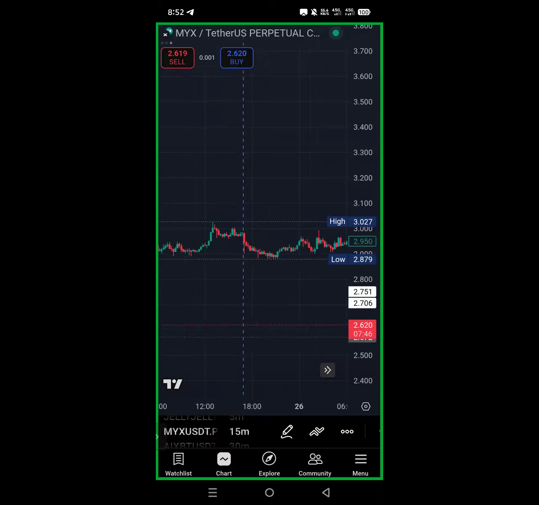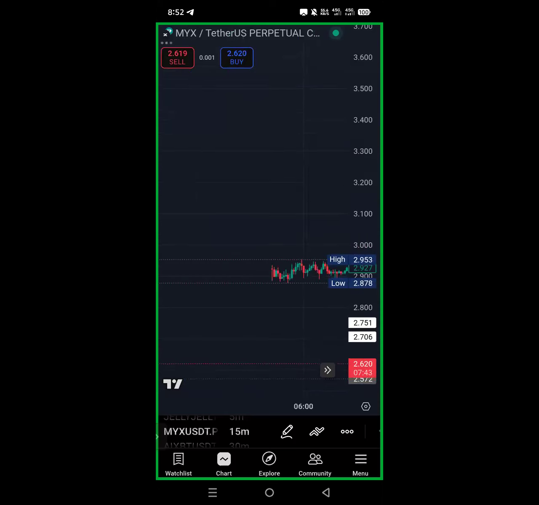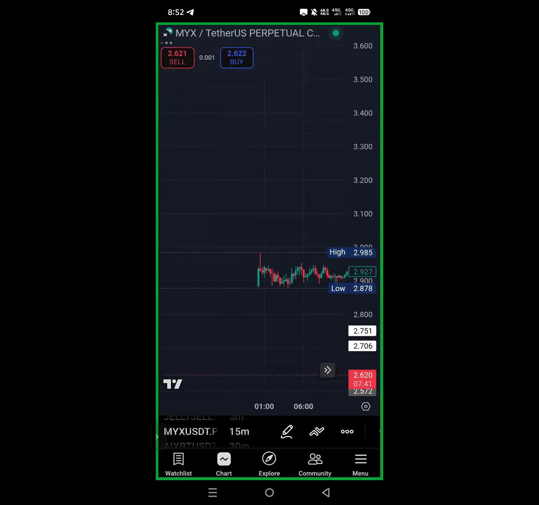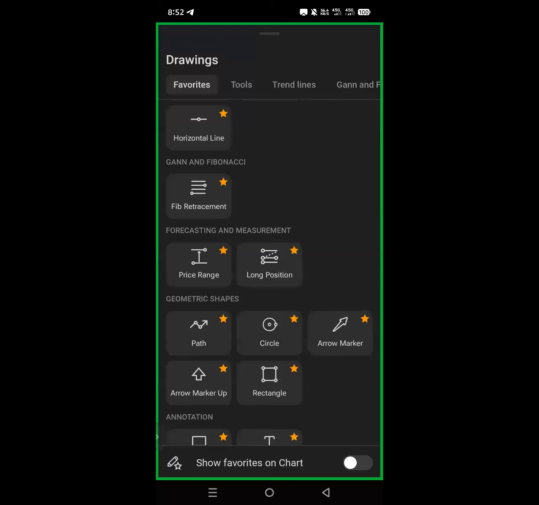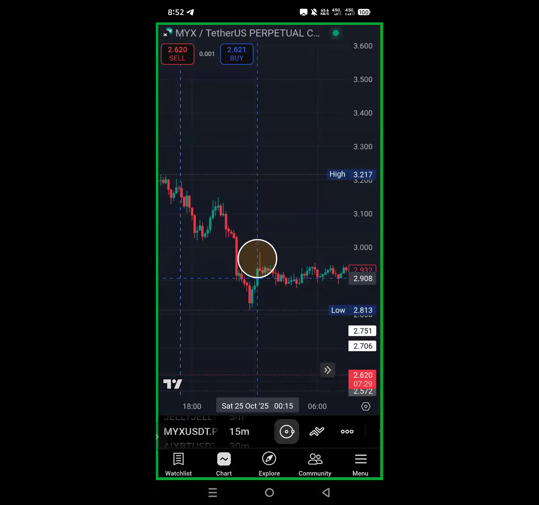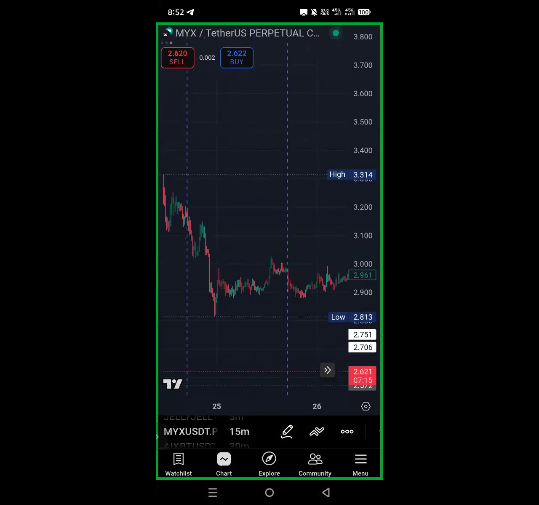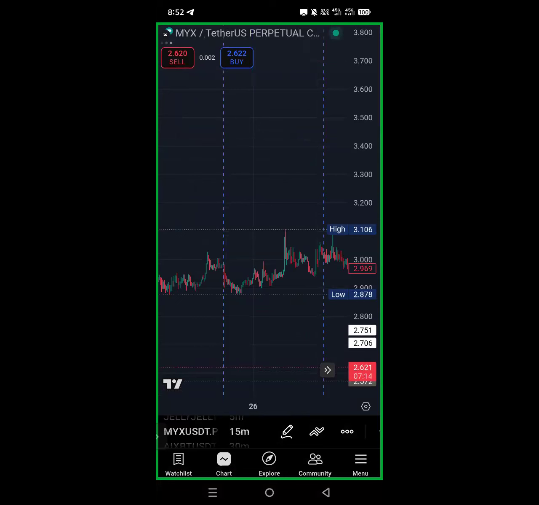This is a shooting star, right? We looked at a shooting star at the time. Bullish engulfing pattern. Yeah. Here we go.